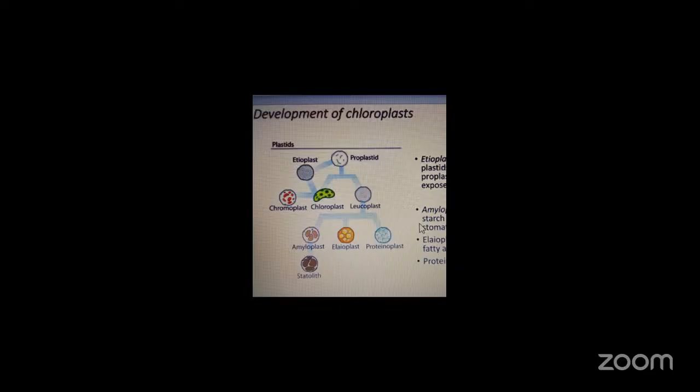Origin and evolution of chloroplast: it contains 3000 proteins. In the present day, the chloroplast genome contains only about 70 genes. Those in the nucleus are really similar to those in the cyanobacterium.